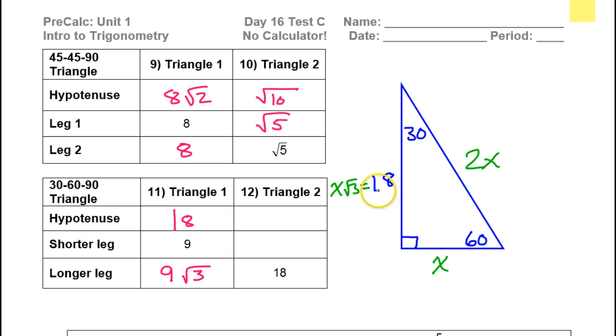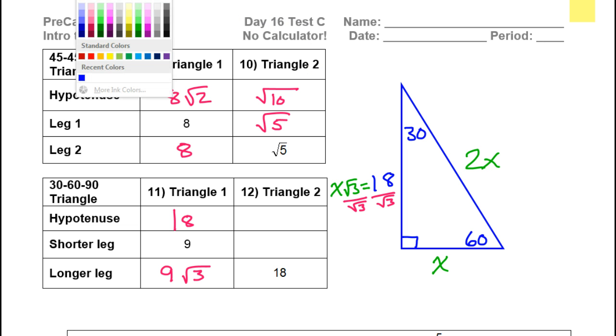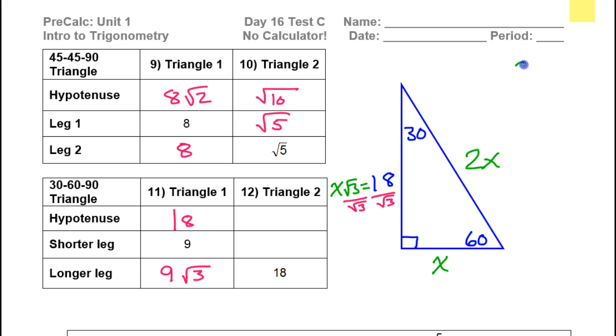The fact that there's an 18 here means that x radical 3 must equal 18. Focus on that. This is an equation that we can solve. To solve for x, we divide by radical 3 on both sides of this equation. That gives me x equals 18 over radical 3.